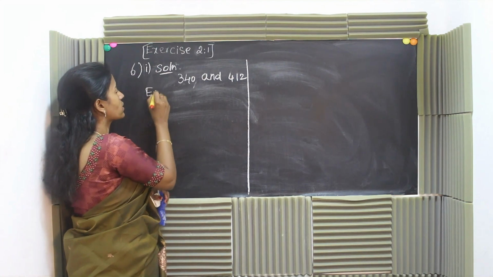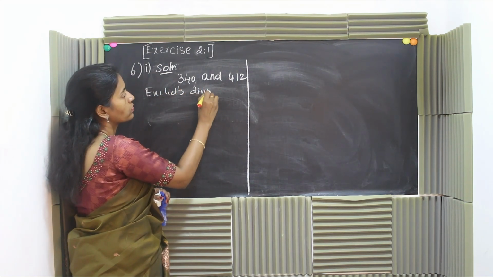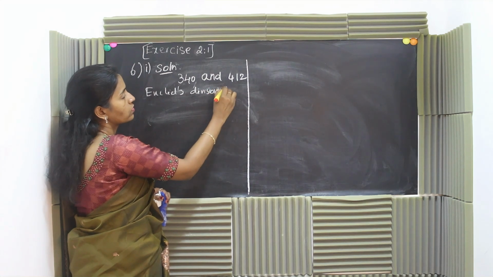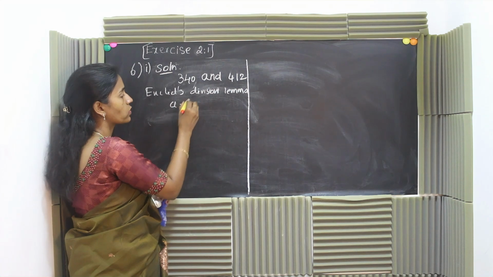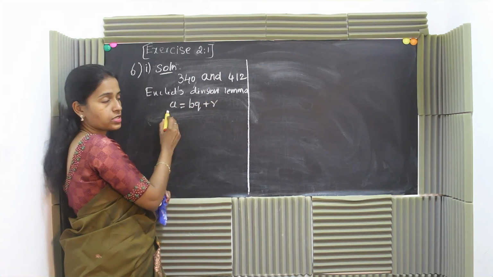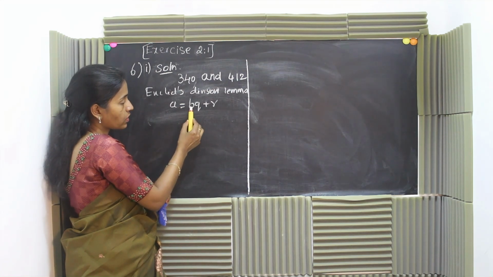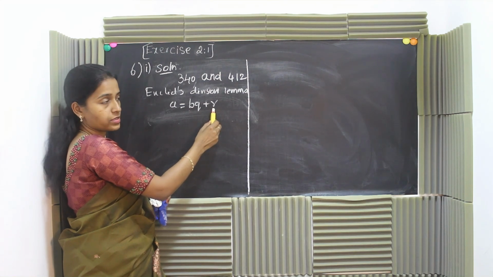What is Euclid's division lemma formula? Euclid's division lemma formula is A equals BQ plus R. What is A? Dividend. B? Divisor. Q? Quotient. R? Remainder.